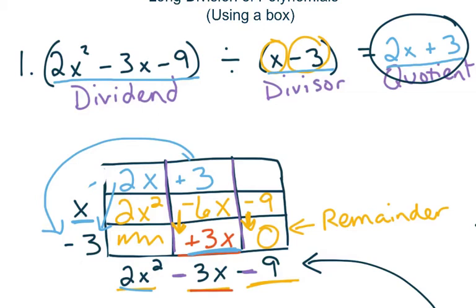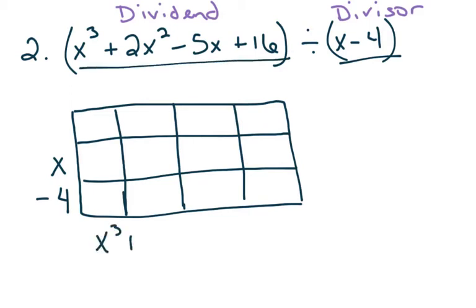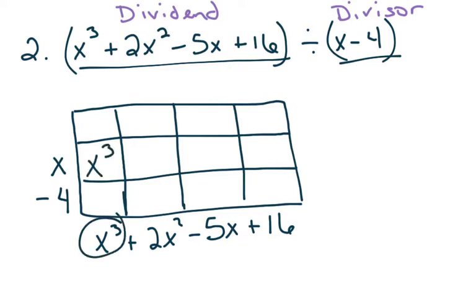I'm going to do one more example, and then we're going to practice in class. Okay. So x minus 4, my divisor goes over there. My dividend is going to go down here: x cubed plus 2x squared minus 5x plus 16. Now I'm going to do this one a little bit quicker, just so your video isn't so long. Pause where you need to. So I'm going to bring this number straight here.